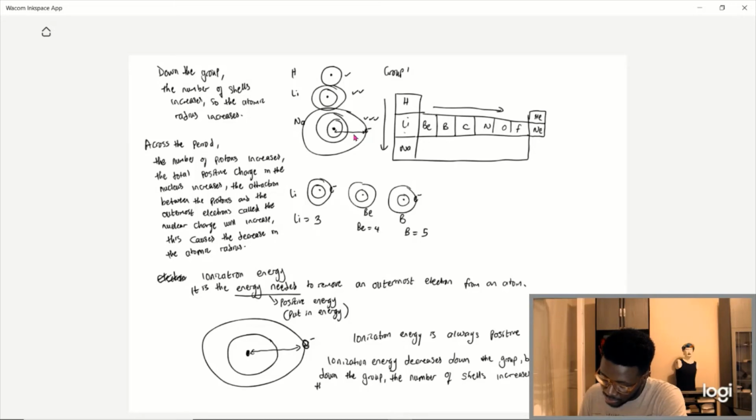The outermost electron is farther from the nucleus and less energy is needed to overcome the attractive force.